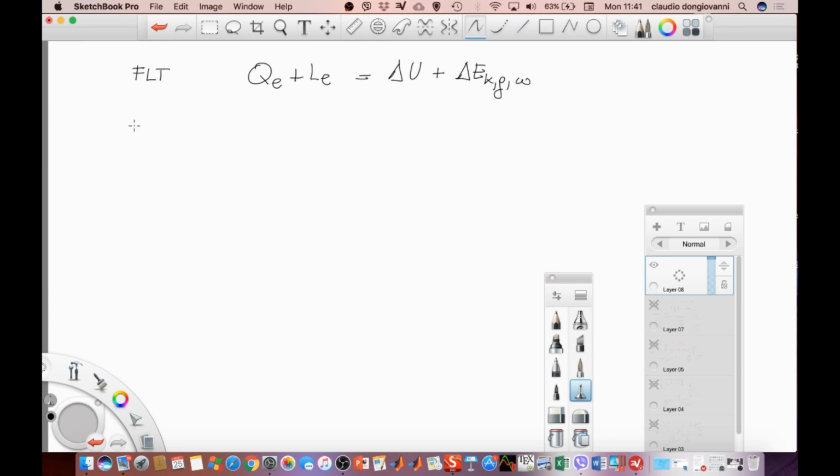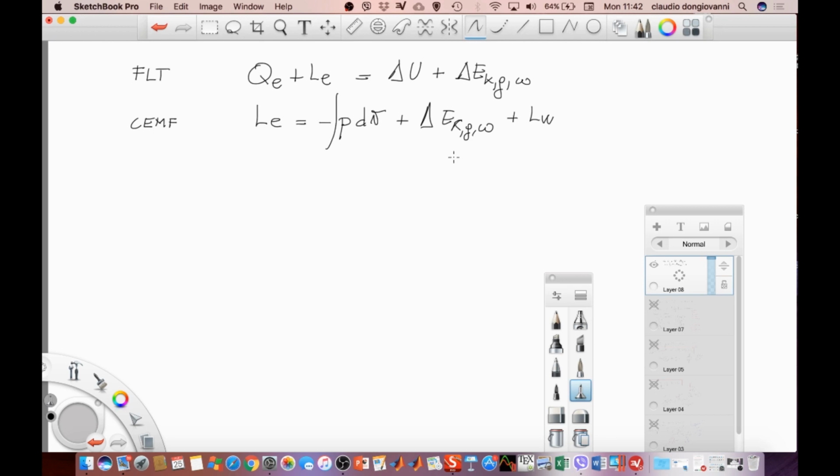Conservation of energy in the mechanical form: LE equal to minus P dV plus delta EK G omega plus LW. Sorry, I did something that is not correct. Okay, it's easier to do this. Okay, so this is correct. You have to remember these 2.